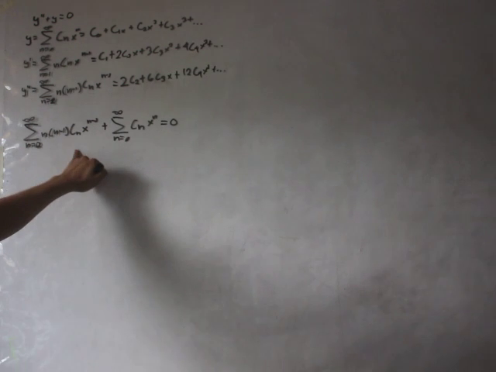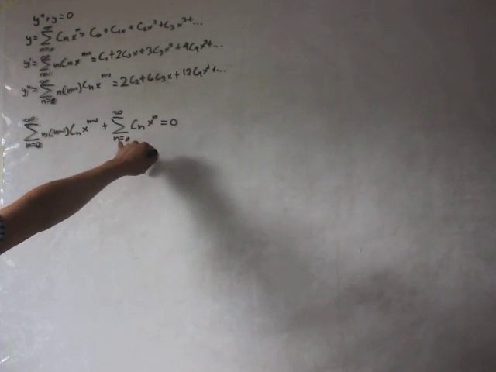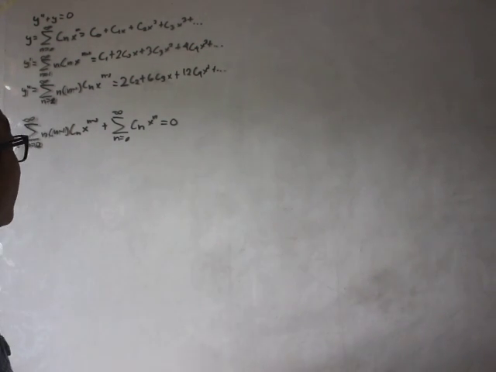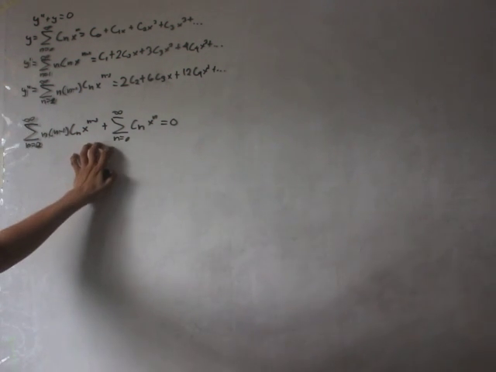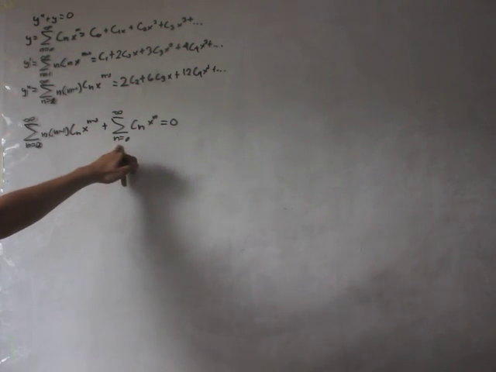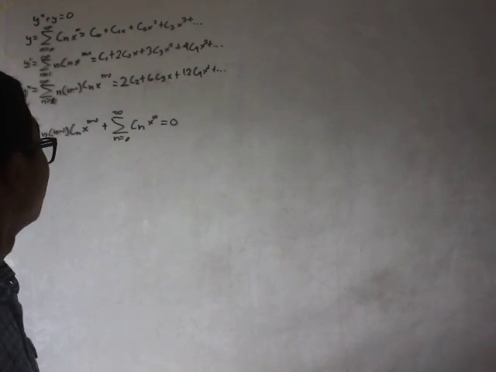Next, we have to balance out this equation in order for us to pull out the summation and our x raised to n, and we need to come up with a recursion relation. So how will we balance? As you can see, this part is n equals 0 and this one is n equals 2.